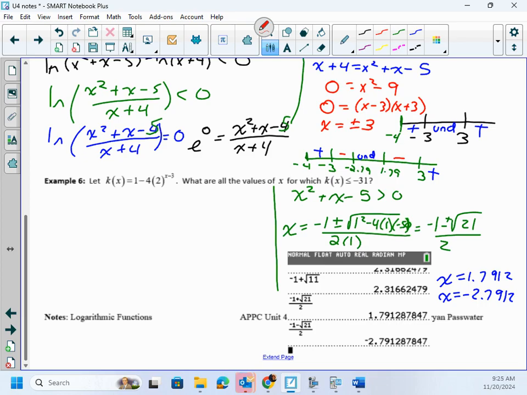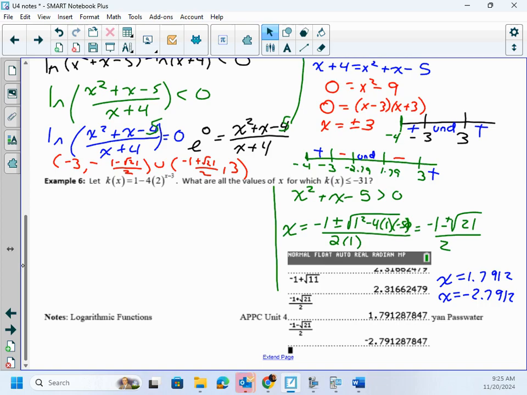Which means the answer to this is where we're negative between negative 3 and negative 1 minus the square root of 21 over 2, and then negative 1 plus the square root of 21 over 2 and 3. Please note I went back to the original because that is the exact answer versus the rounded decimal. I used the rounded decimal, but I did go back to my original to give me the answers for that.